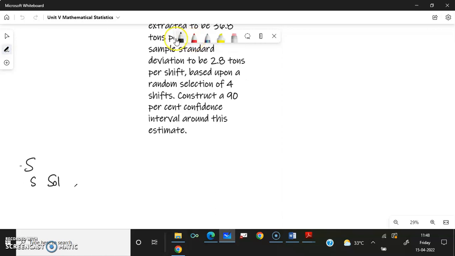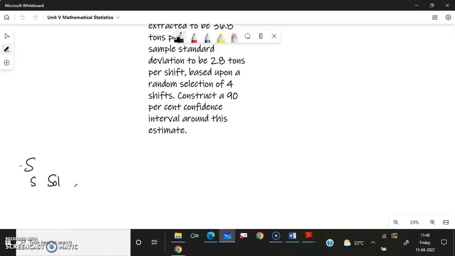In this question, we don't have the standard deviation, right? So whatever is given, we'll solve it accordingly. What is given here is that the standard deviation is not known and the size of the sample is small.